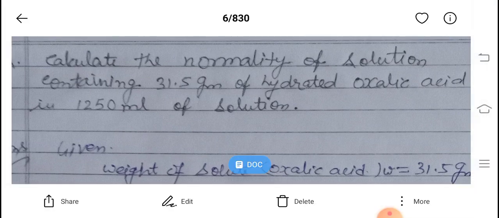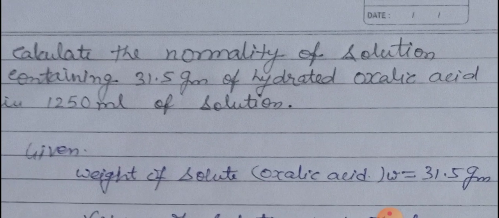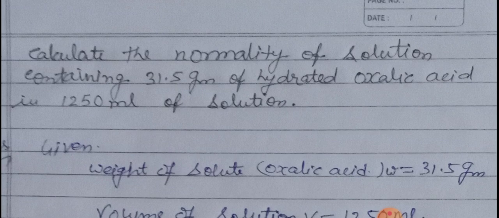The number of gram equivalents is the weight of solute divided by the equivalent weight of the solute. Equivalent weight equals molecular weight divided by the acidity or basicity of the acid or base.